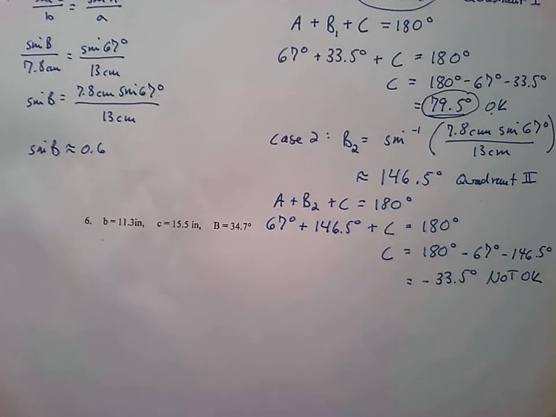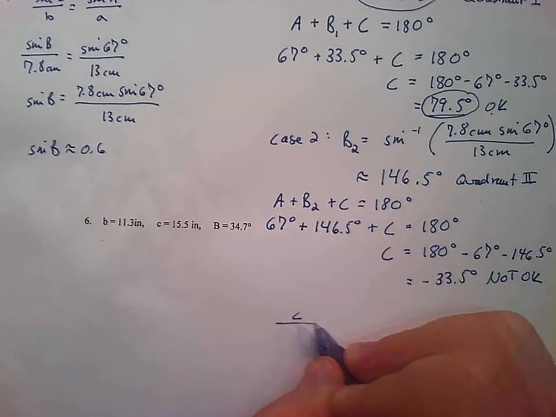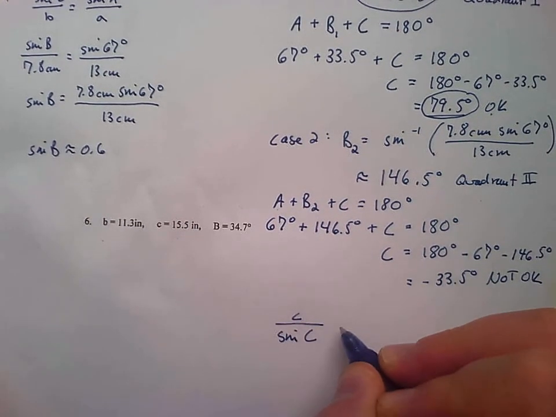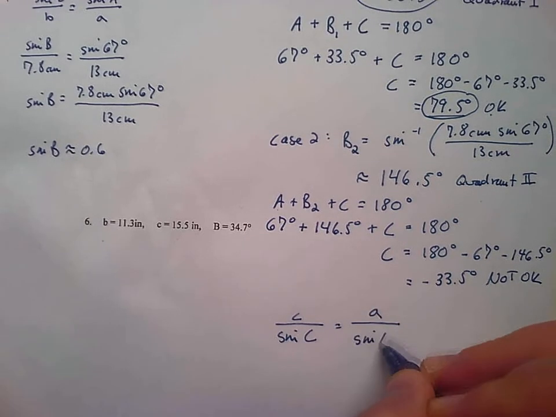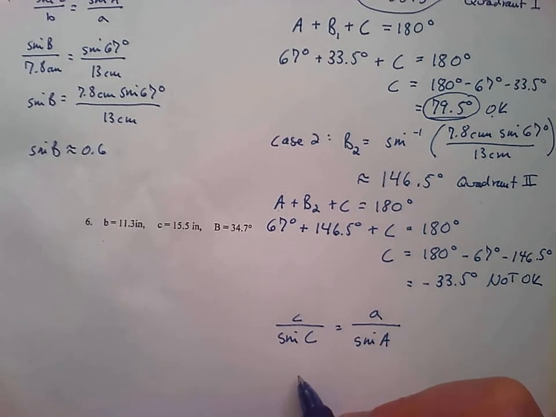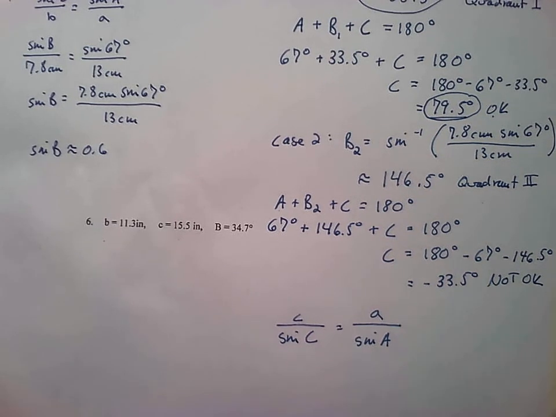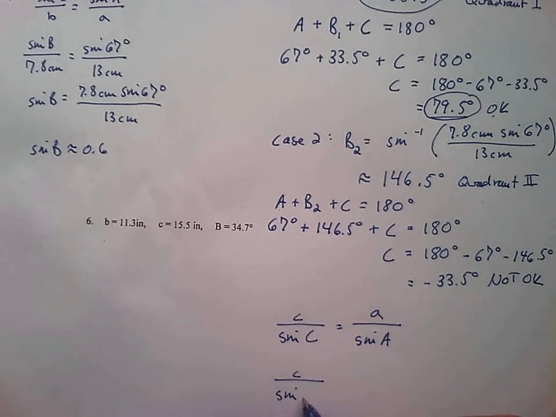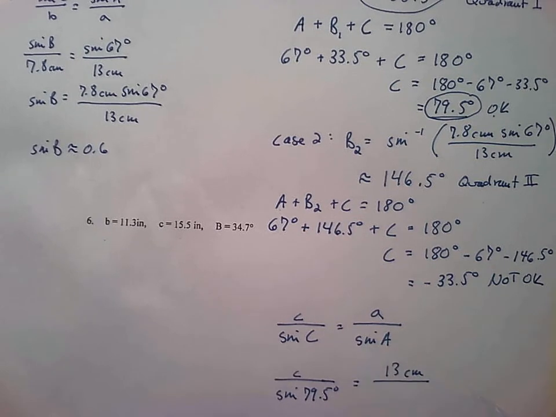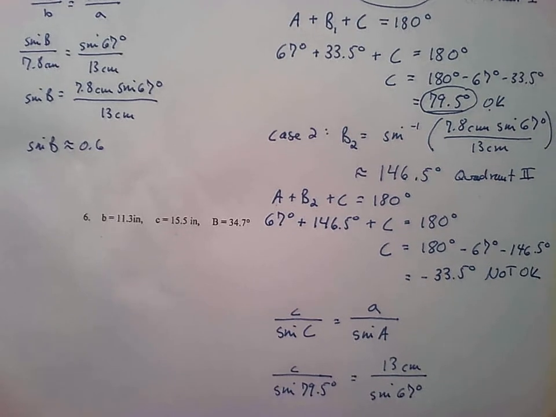And using the law of sines again, we can see that C divided by the sine of angle C is equal to A divided by the sine of angle A. If you plug those things in, this is going to be C divided by the sine of 79.5 degrees is equal to 13 centimeters divided by the sine of 67 degrees.